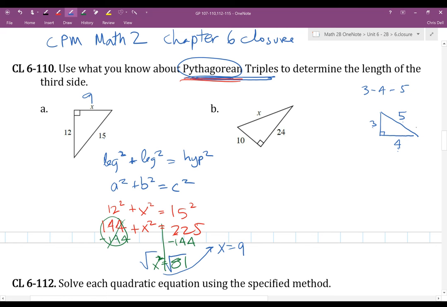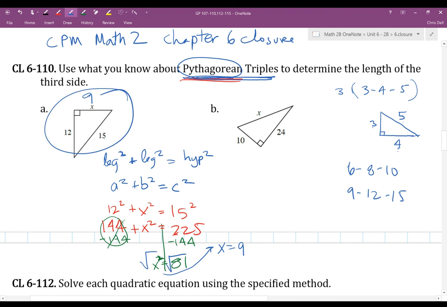If this is a Pythagorean triple, then any multiple of those three numbers is also a Pythagorean triple. If I take this 3, 4, 5 and double all the side lengths, it becomes a 6, 8, 10. That is also a Pythagorean triple. If I were to triple each of the sides, that would be a 9, 12, 15. That is also a Pythagorean triple, which is the first triangle here.